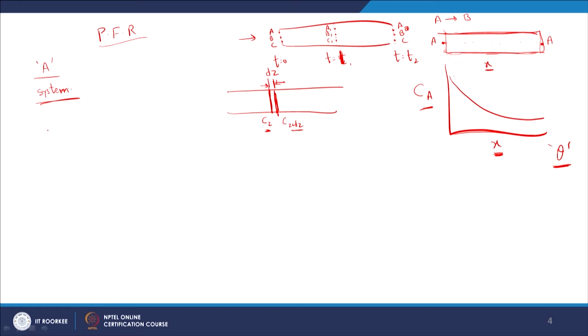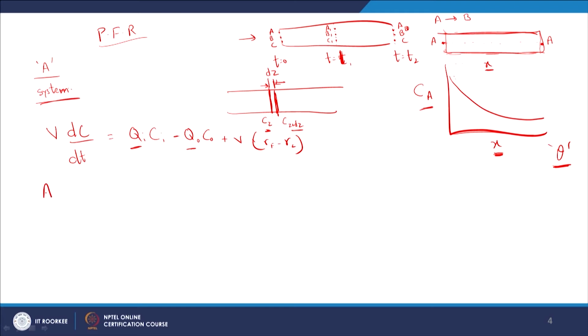And what was our initial mass balance equation, please? V dC by dt is equal to Q in C in minus Q out C out plus volume into rate of formation minus rate of loss, right? This is what we have. Assuming that the flow does not change, obviously that is the case here, and what is V here?